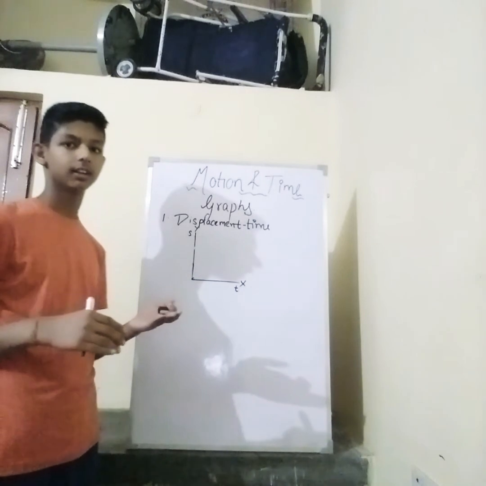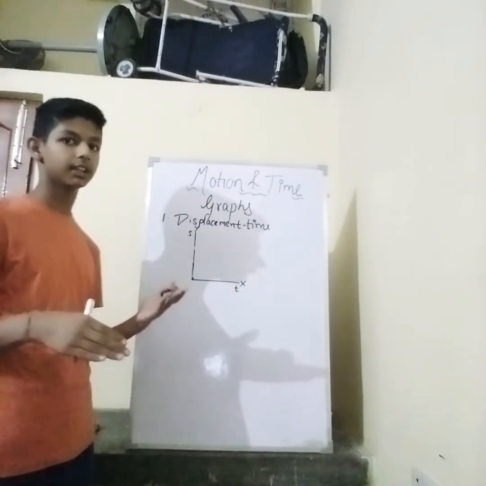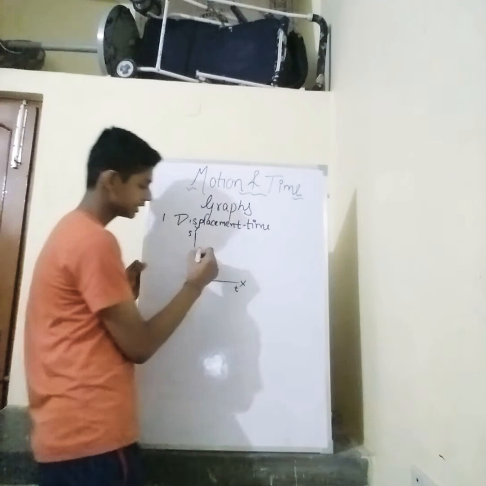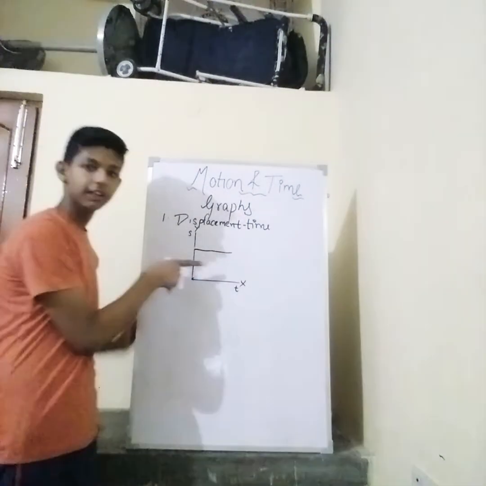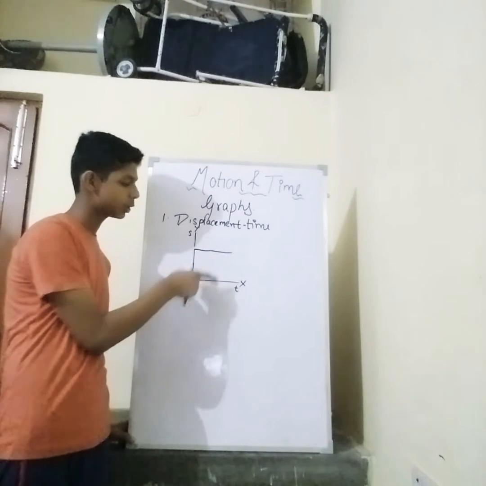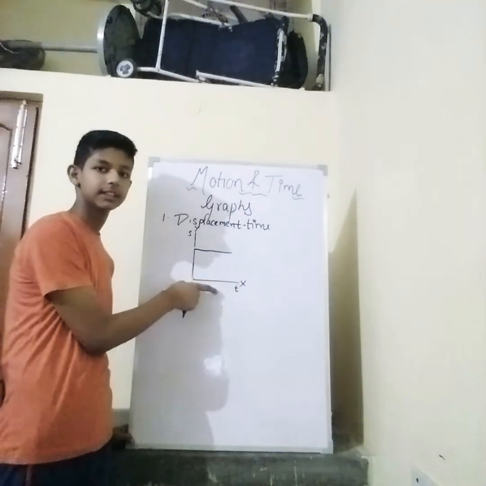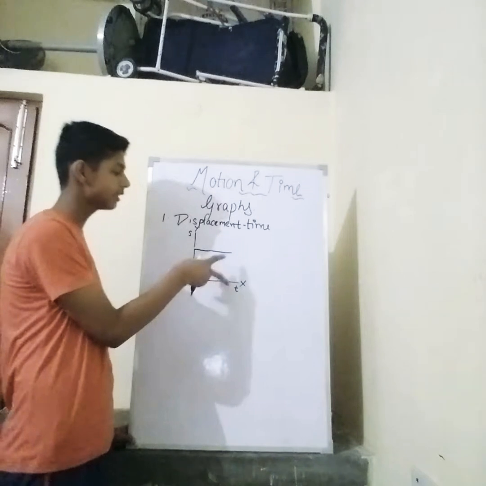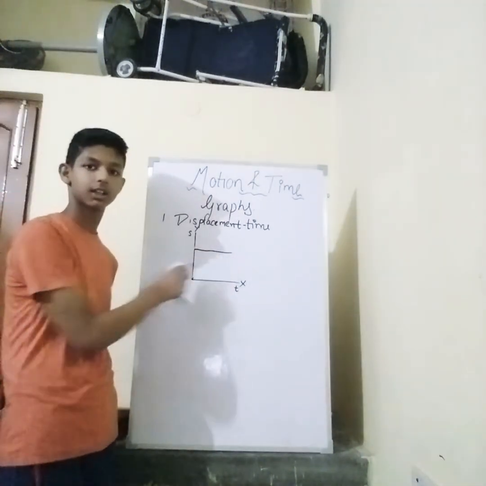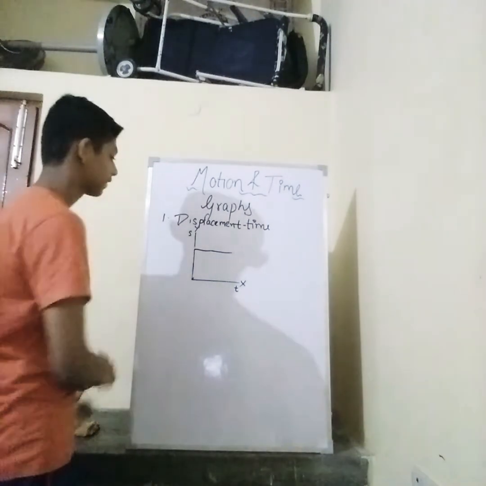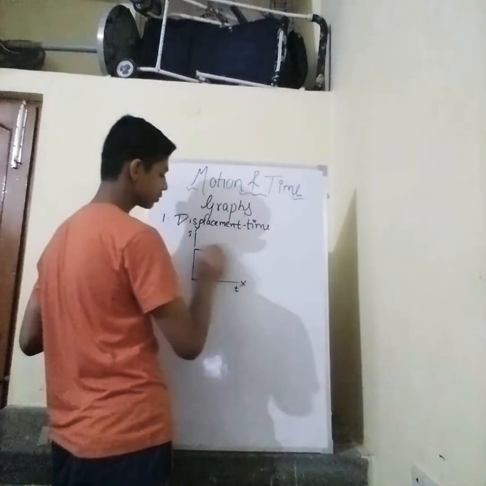Magnitude being 0 is another thing, but its position is not changing. If the slope of the displacement time graph is parallel with the time axis, then we conclude that the object is in a state of rest. Okay, the first case was that.